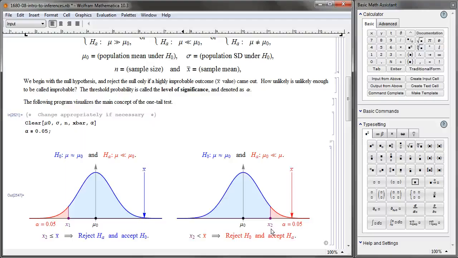But if we do that, even if the null is right, as you can see in this normal picture, which is centered around the null value, then this is going to be the type 1 error. And that's the alpha value.